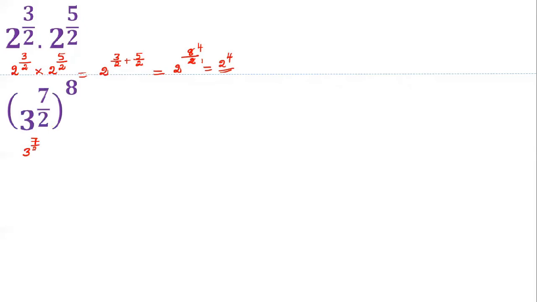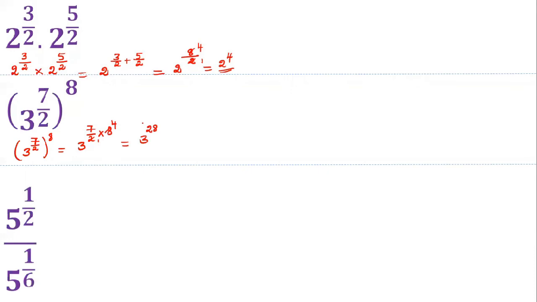We have to multiply the powers. 3 to the power 7 by 2 whole to the power 8 is equal to 3 to the power, the powers are 7 by 2 and 8, multiply them. 3 to the power 7 by 2 into 8. So 2 ones are 2, 2 fours are 8, so 3 to the power 7 fours are 28. 3 to the power 28.